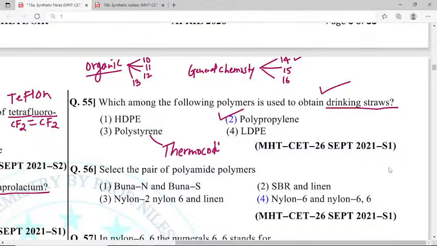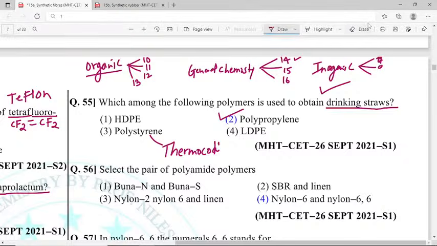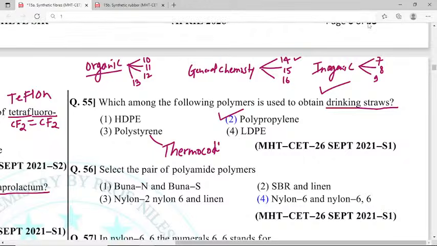Afterward comes inorganic chemistry, lessons 7, 8, 9, with 9 being coordination.